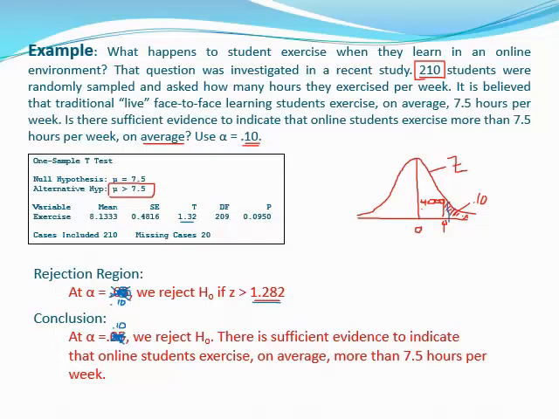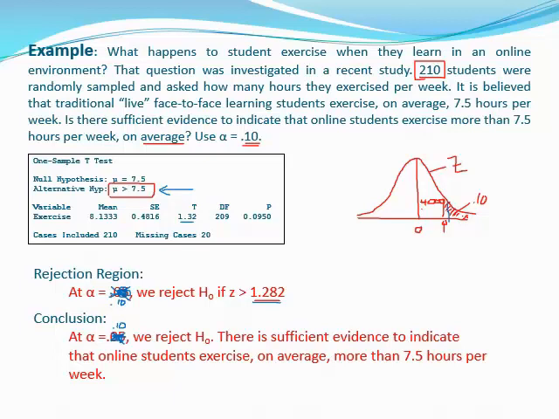There's sufficient evidence to indicate that, and I'm going to say this in the words of the problem, online students exercise, on average, more than 7.5 hours per week. Mu is greater than 7.5 hours per week. At alpha equal 0.10, we reject H0.